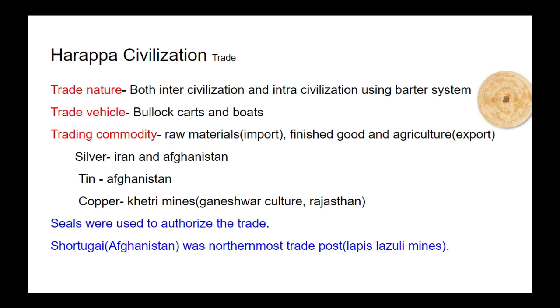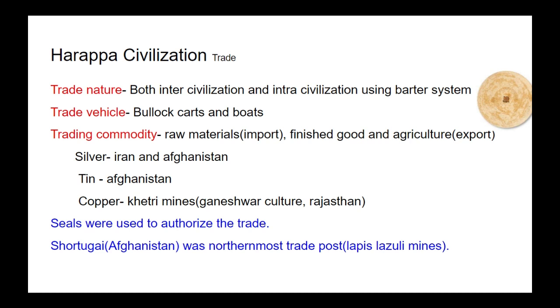Harappan seals were used to authorize the trade. Like at present, we have Made in India, or some different brands like Adidas shoes and other company shoes. How will you know which company's shoes are better?